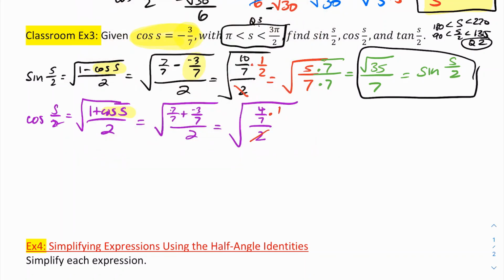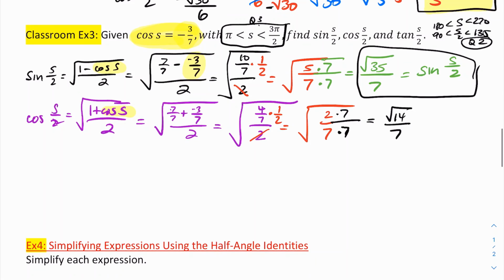Dividing by 2 is the same thing as multiplying by a half. So that's going to give me 2/7. And I can't leave a radical in the denominator, so square root of 14 over 7. Cosine is negative in quadrant 2, so this will be a negative. Okay? And then that will give me cosine of s over 2.